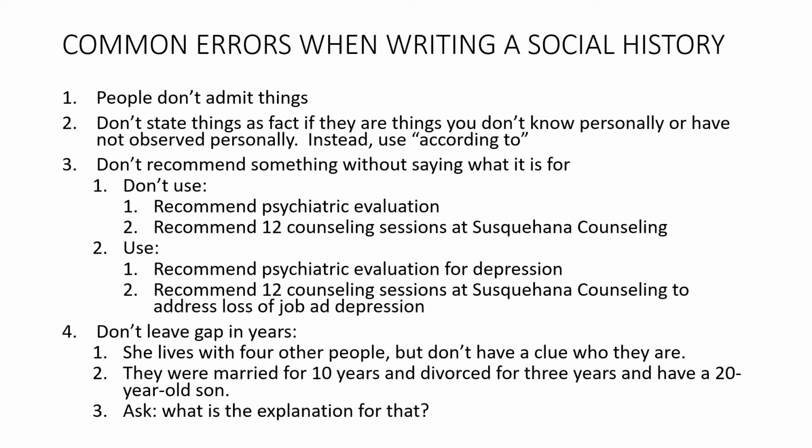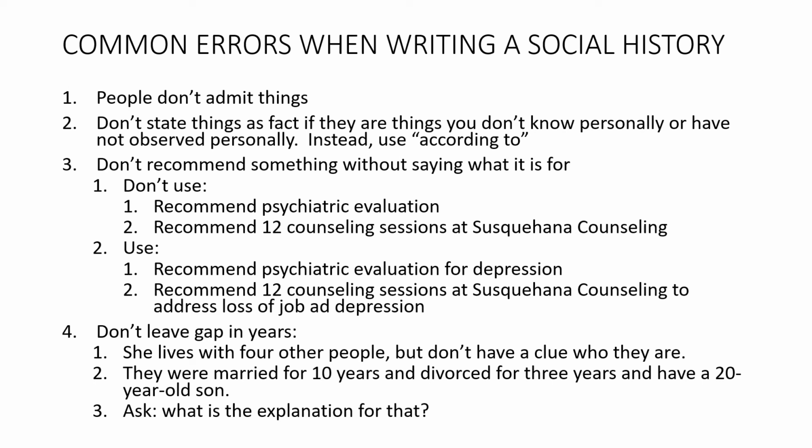But part of that could be maybe that they don't trust you yet, and so they're going to say 2, and in reality they drink like 8 bottles of beer or whatever. Okay. 3, don't recommend something without saying what it is for. So the first section right here, it says don't use. So this is not how you would write it. You wouldn't just say recommend psychiatric evaluation, because that doesn't really tell you what it's for.